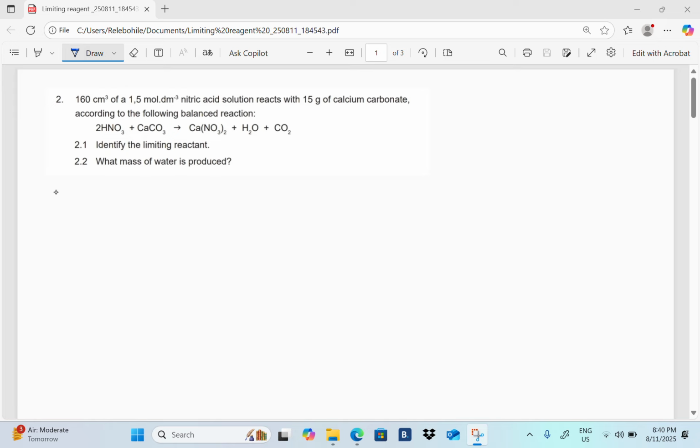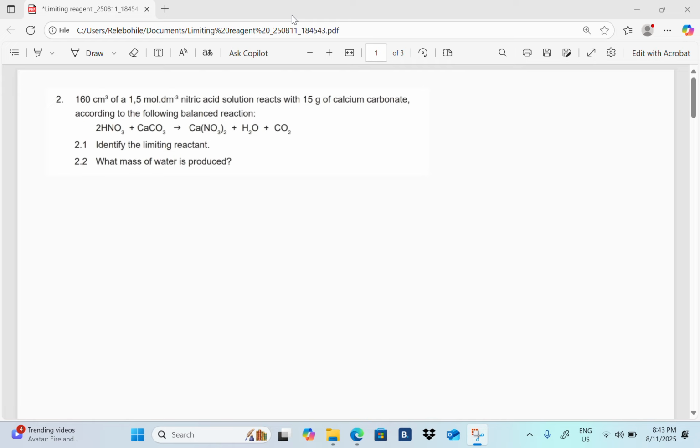In this video we'll be looking at how to go about finding the limiting reagent, or you could say limiting reactant. But before we do that, let's look into the definition. The limiting reagent or reactant is the reactant which is completely used up in a chemical reaction.